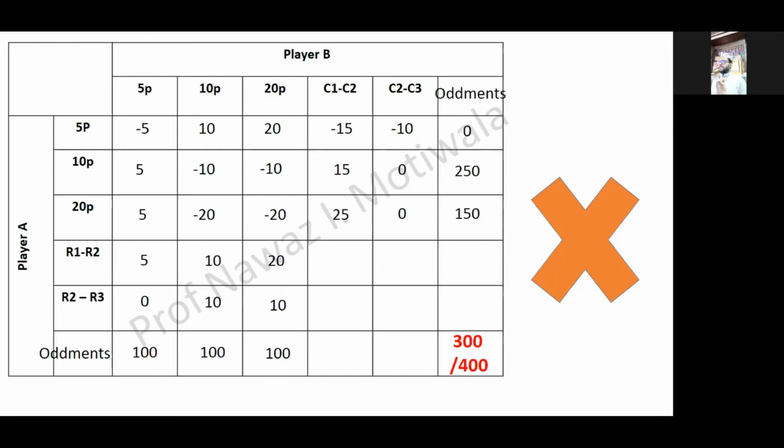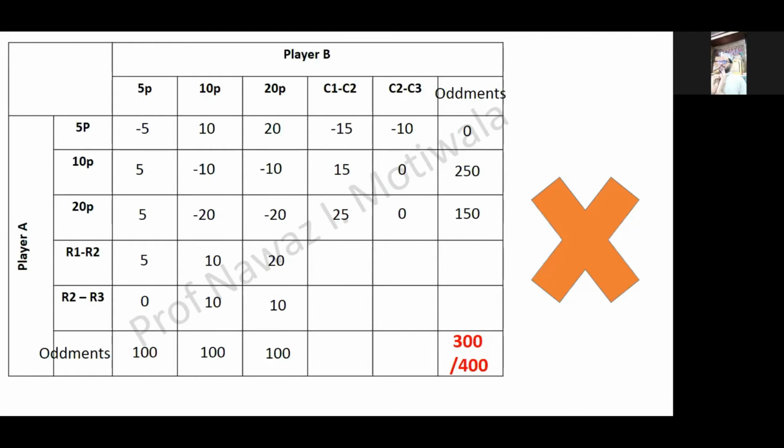This will always be the second step. So again I repeat: first step, find the saddle point. Second step, reduce the matrix by the dominance method. If it is a 2 by 2 matrix after dominance, then you can go for augments for 2 by 2. And if it is again a 3 by 3 matrix after dominance, then you can go for the augments method.